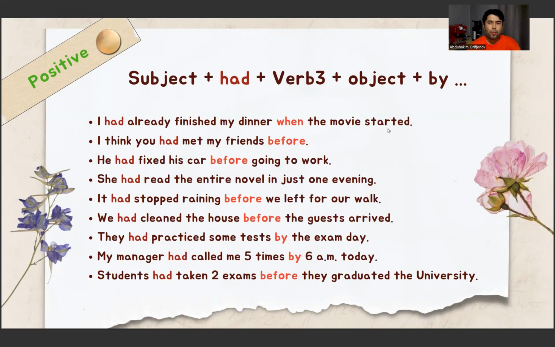Before the movie started, I had already finished. This action happened first. I think you had met my friends before. He had fixed his car before going to work. She had read the entire novel in just one evening.